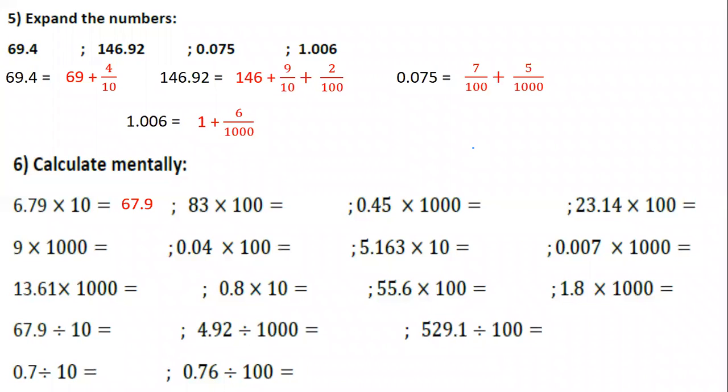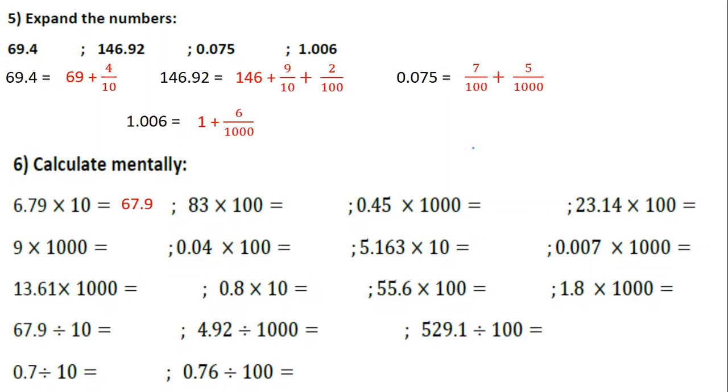Thank you, Karim. I want to ask Rama, 83 over 100. It's 0.83. Rama, are we dividing or multiplying?